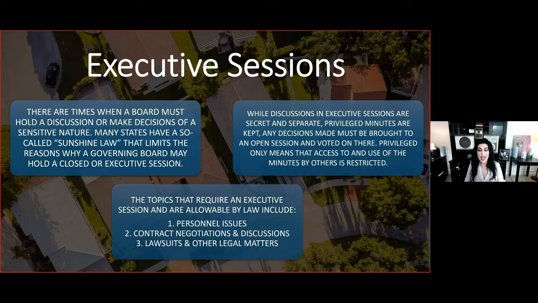If you have any fining authority, or if you have violation, non-compliance issues within your community, if you have a hearing process, let's say an outside structure was not approved and the homeowner filed to have a hearing with the board, that happens in executive session, okay? That does not happen in open meeting, okay?